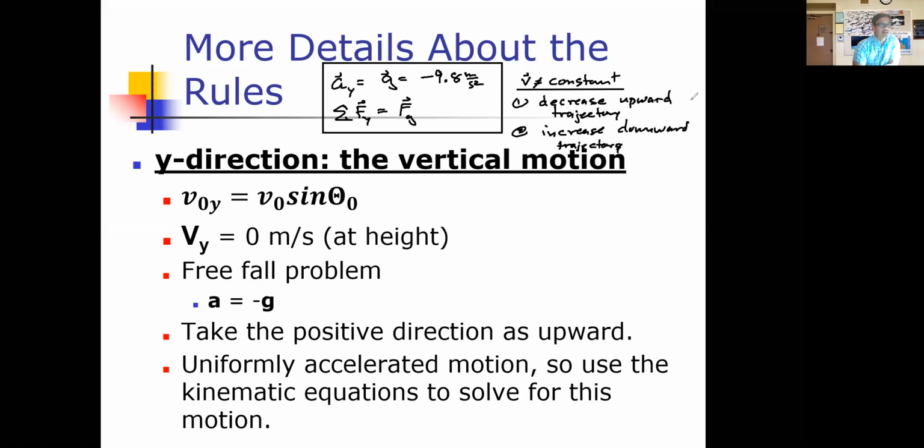Simply put, folks, it slows down as it moves up.